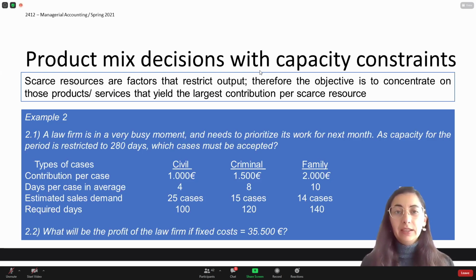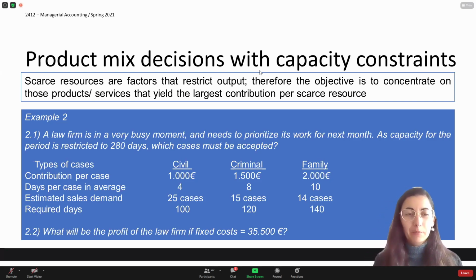When we have this limited capacity, the objective for the organization is to focus the activity on those products or services that yield the highest contribution margin per scarce resource. Remember this, engrave this in your mind: contribution margin per scarce resource.